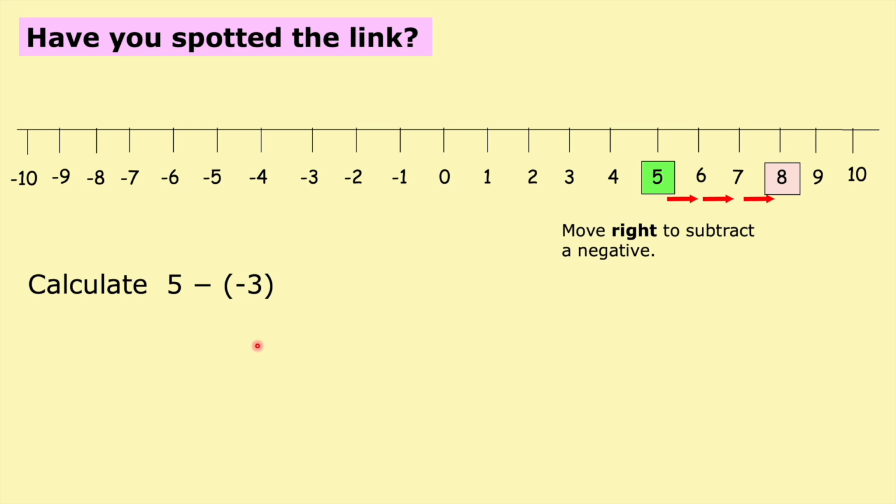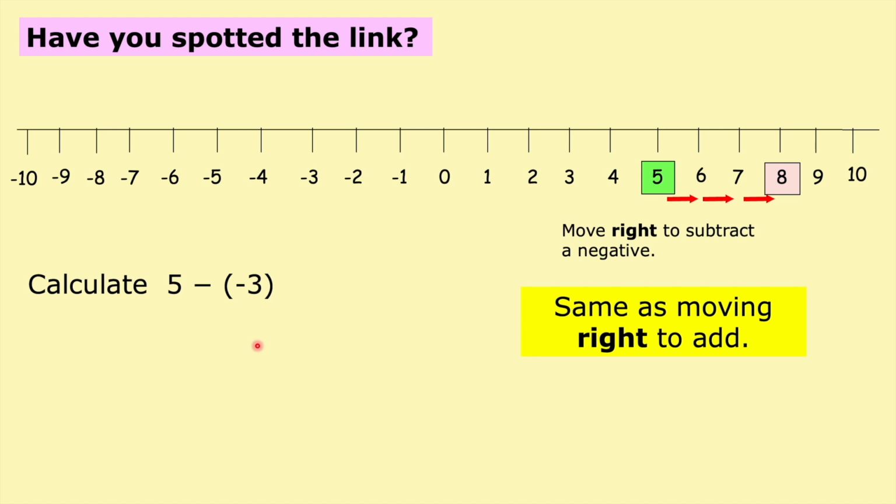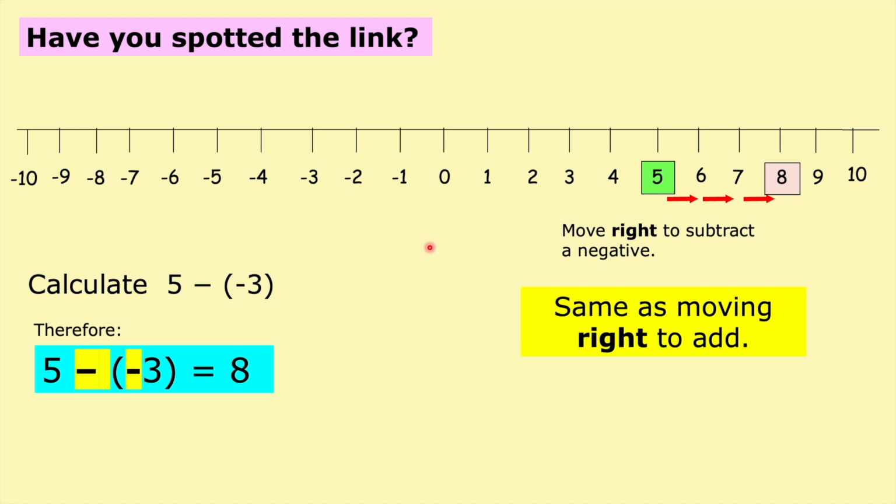And previously you learned that if you move right on a number line, you're going to be adding. So if we are moving right to subtract a negative, that's the same as moving right to add. So notice that 5 subtract negative 3 equals 8. But that is the same as saying 5 add 3 equals 8.